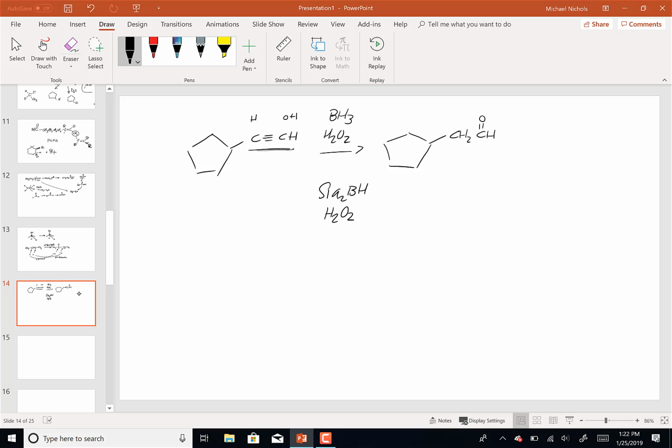So the boron could actually add to both carbons. It probably would add more to the end carbon than in the middle. But if we want to make sure that it goes 100%, I can't add any more steric hindrance to a triple bond. So I break open my organic chemistry toolkit.